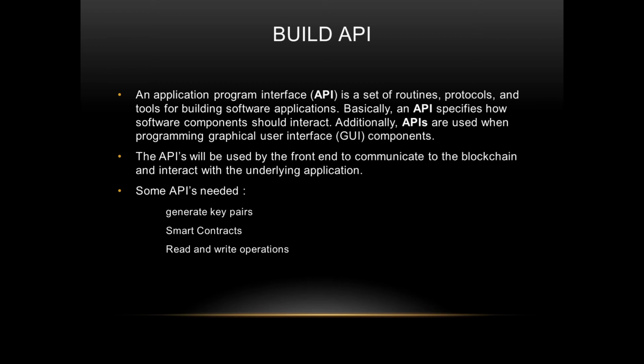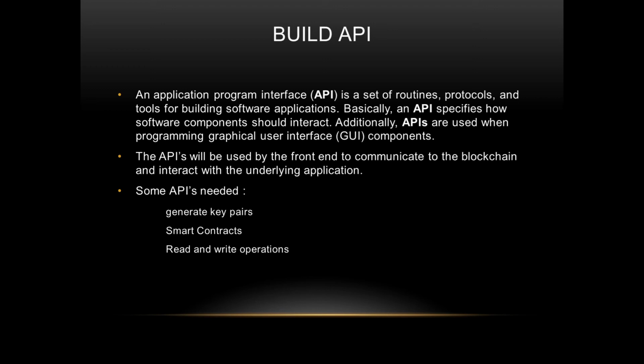The APIs will be used by the front end to communicate with the blockchain and interact with the underlying applications. Some APIs needed are the generate key pairs, where you need to generate the key pairs by some APIs.